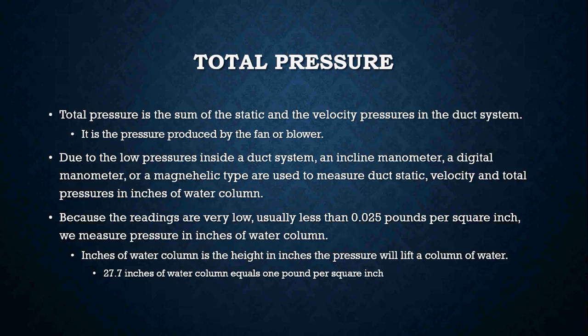Because the readings are so low, usually less than 0.025 pounds per square inch, we have to measure in inches of water column. One inch of water column is the height in inches the pressure will lift a column of water. 27.7 inches of water column is equal to 1 psi.